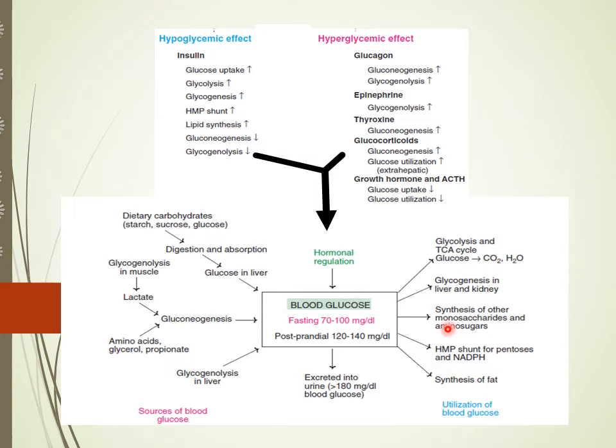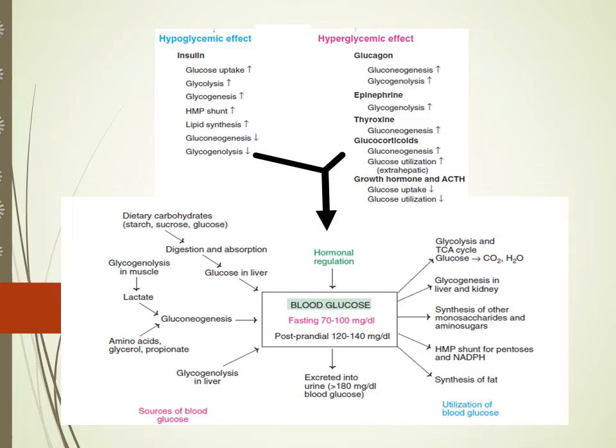How we get glucose and how it is utilized in the body all depends upon hormonal regulation. Hormonal regulation is divided into two parts: hypoglycemic effect and hyperglycemic effect.